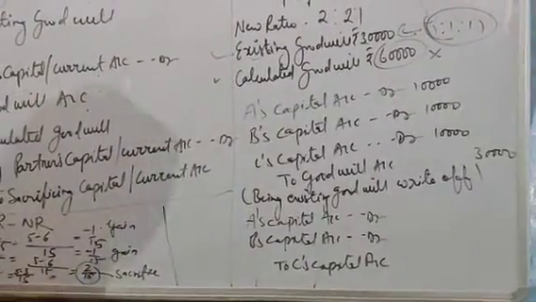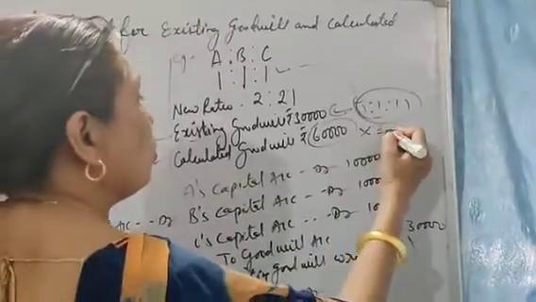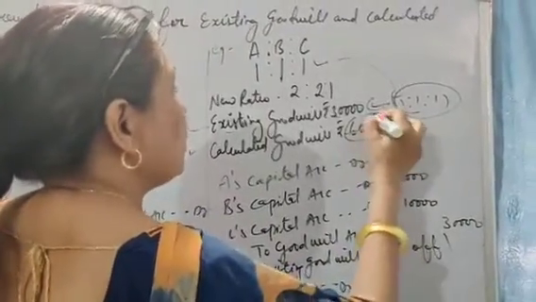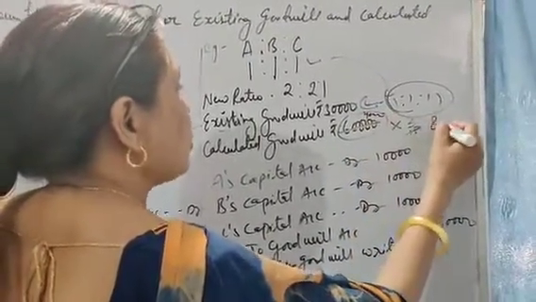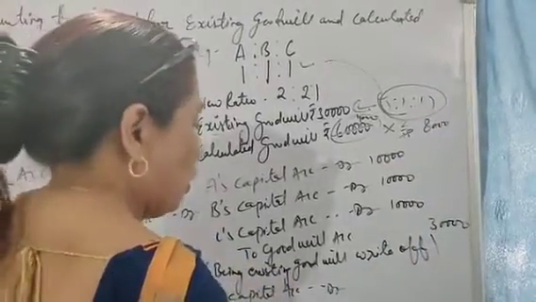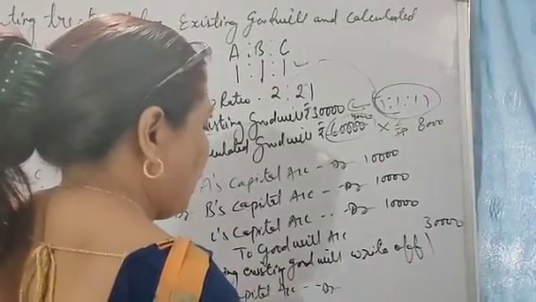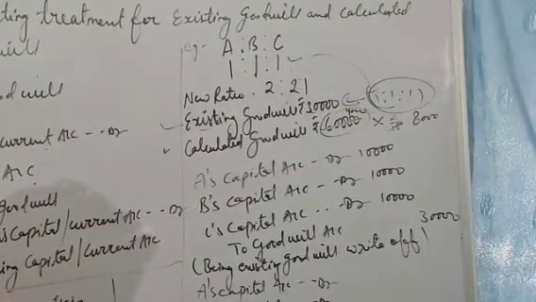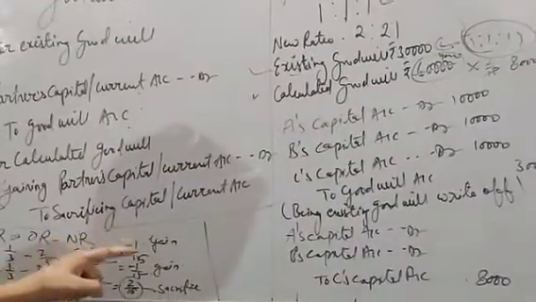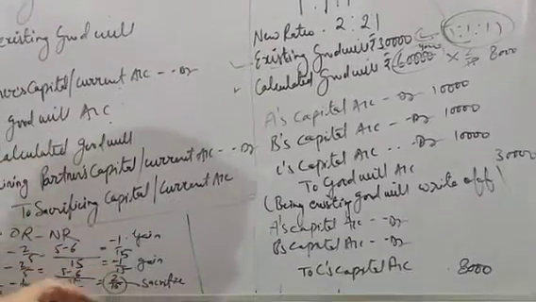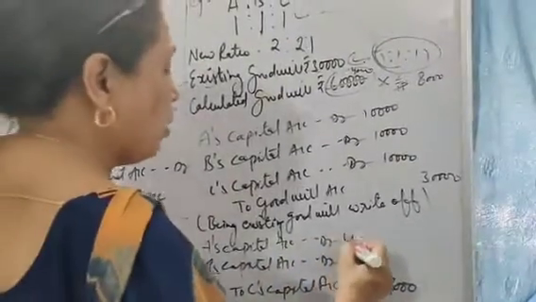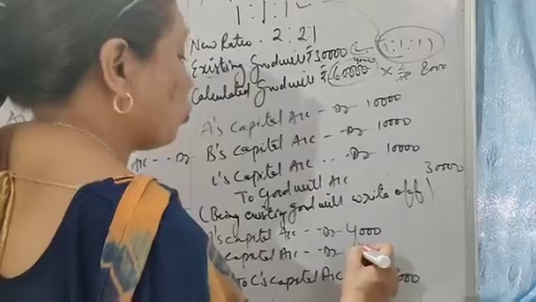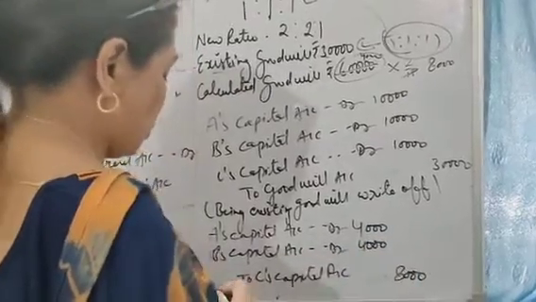So 2 by 15 of 60,000 is 8,000, right? C will get 8,000. Now that 8,000 you have to divide between 1 by 15 and 1 by 15 means equally. So it will come here 4,000 and 4,000.